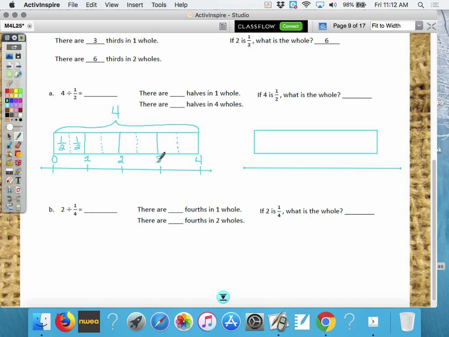Okay, there are my whole numbers. Do you have that much written? And then we need a little tick mark between each, don't we? Yeah. Then we're going to label the number line with halves.